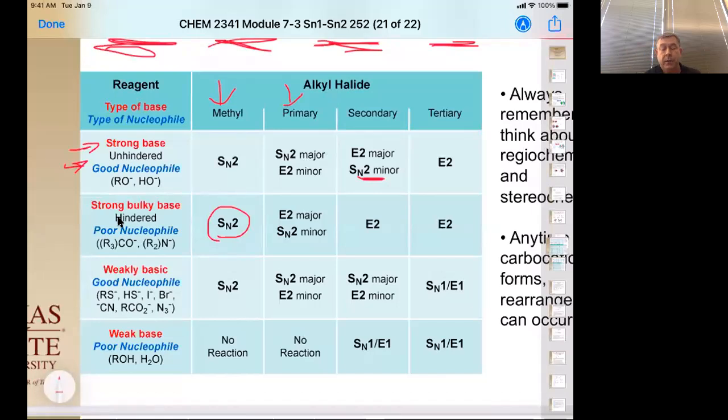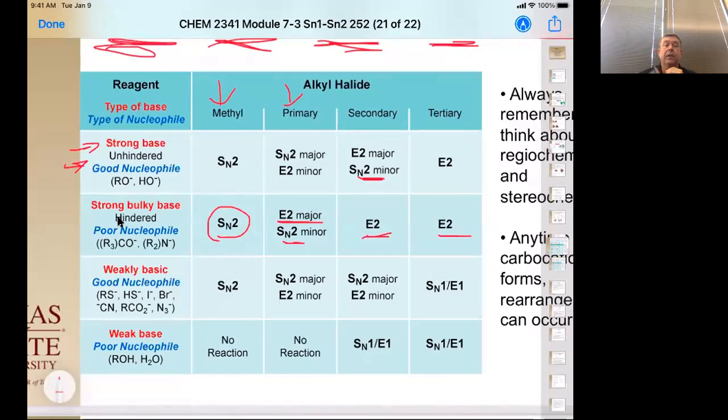On your primary, it is your major product. However, you can get a little bit of substitution on a primary because it's not too sterically hindered yet. But by the time you get to secondary and tertiary, it's always the elimination product, and it's that E2 elimination product.